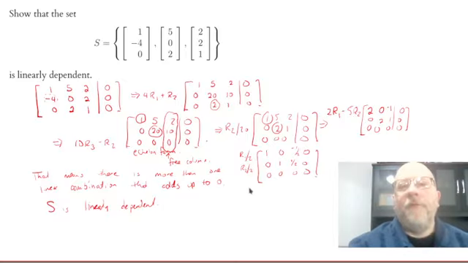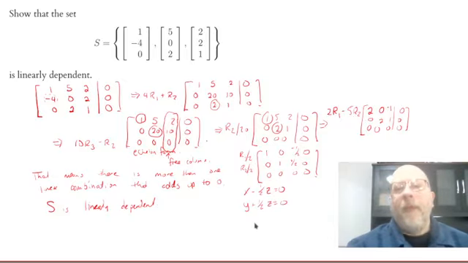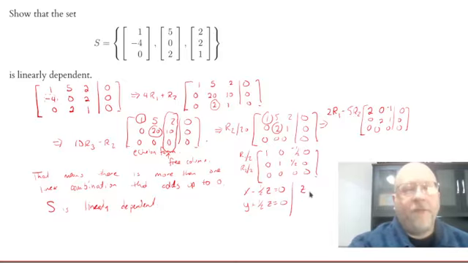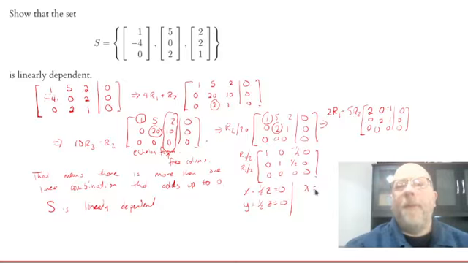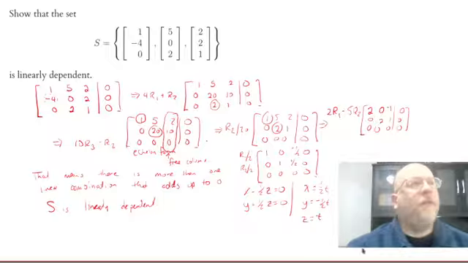So that says that x minus 1/2 z is equal to 0, and y plus 1/2 z is equal to 0. And so if we put a parameter on that, that means that x is equal to positive 1/2 t, y is equal to negative 1/2 t, and z is equal to t.